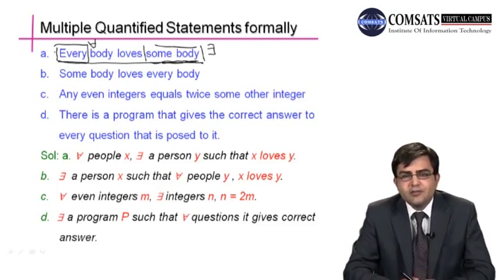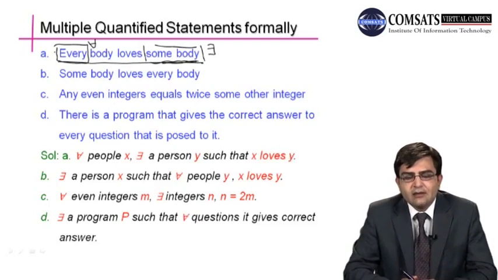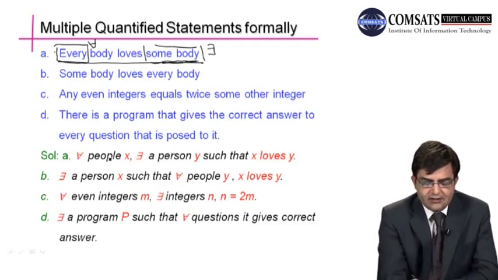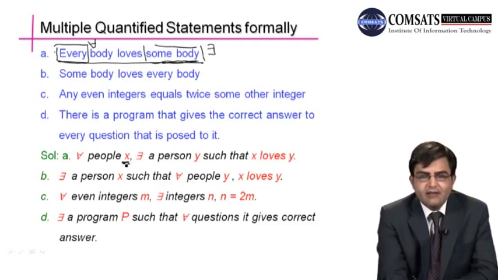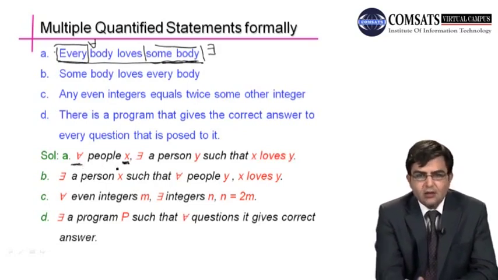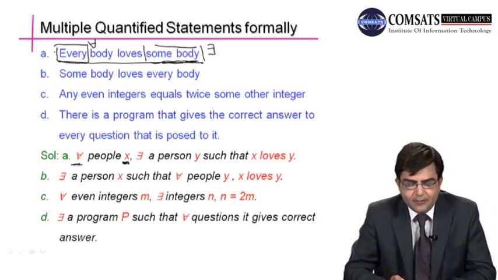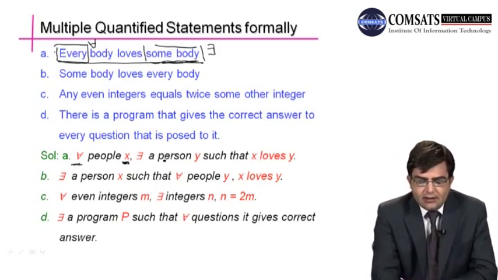So how do we translate this statement into a logical statement? Let x be everybody, x ranging over people, and we write: for all people x. What does it mean? Everybody.